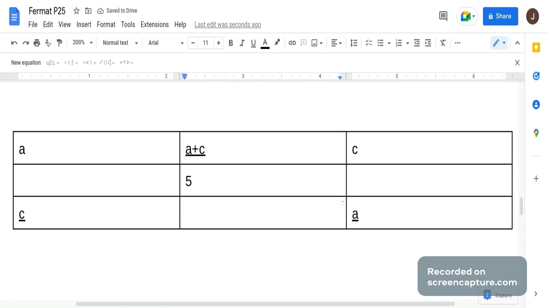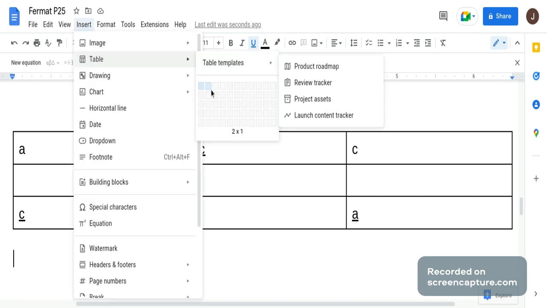This is what we want for now. And also we can try to do some casework for A plus C to see what the values of A and C are going to be.